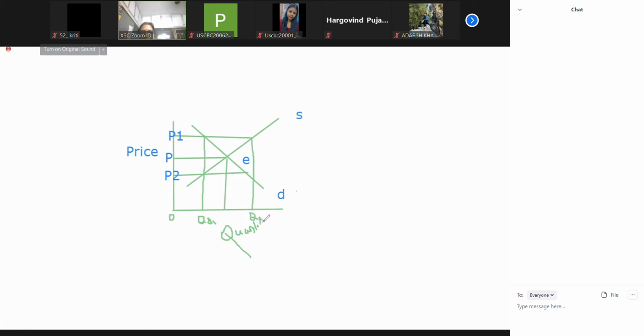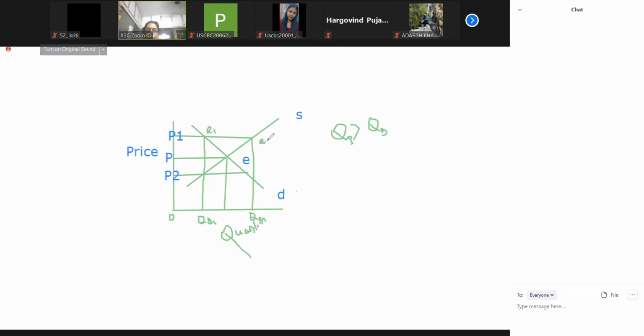We have discussed this. There will be excess supply because at this point QS1 is more than QD1. Quantity supplied is more than quantity demanded. Suppose this is E1 and this is E2.